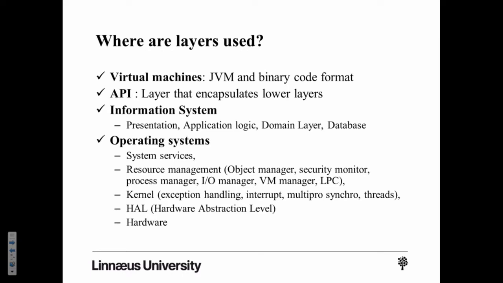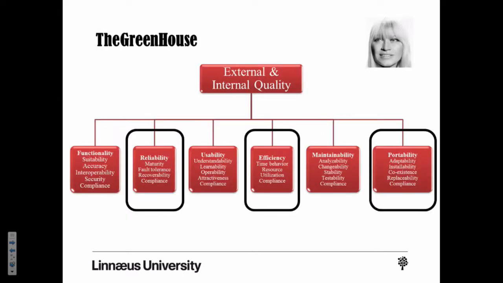Here are some examples of where you can find usage of layers. Operating systems is a common one. JVM, the Java virtual machine, that's another example. If we look at this one, suddenly we have to talk about efficiency, reliability, portability.